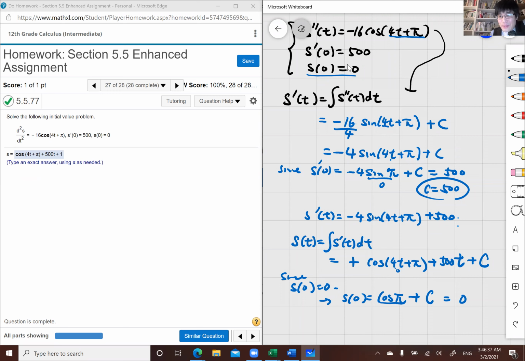Well, cos π is -1, so c should be equal to 1. Well, I should say c2, to distinguish it from this one. So the final answer is s(t) = cos(4t + π) + 500t + c2, which is plus 1.